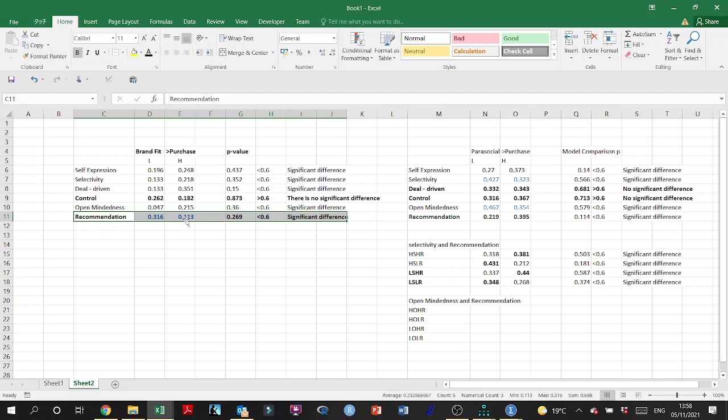So if you are high on recommendation and you are following an influencer, then even if the influencer slips certain brands into their channel that are not a good fit, you will still have a high intention to purchase compared to the low recommendation here.